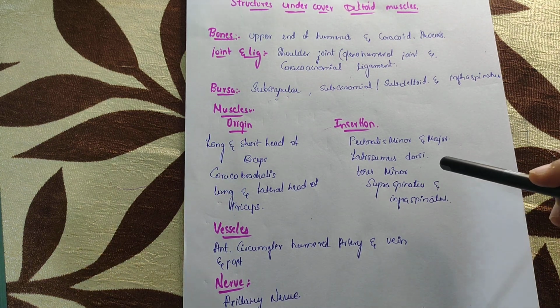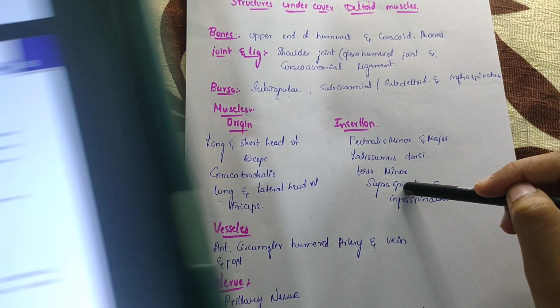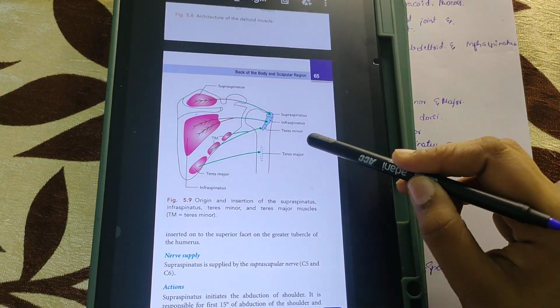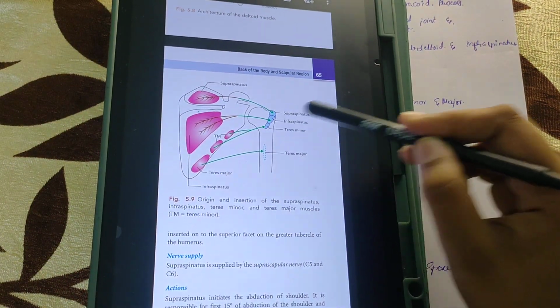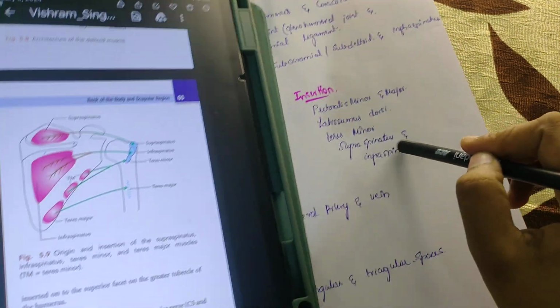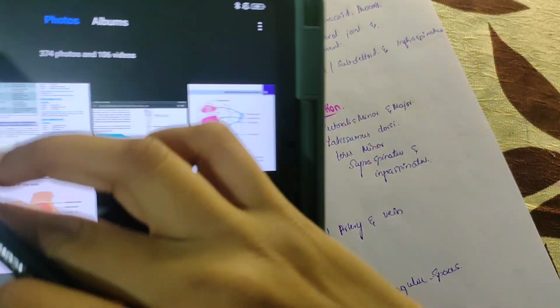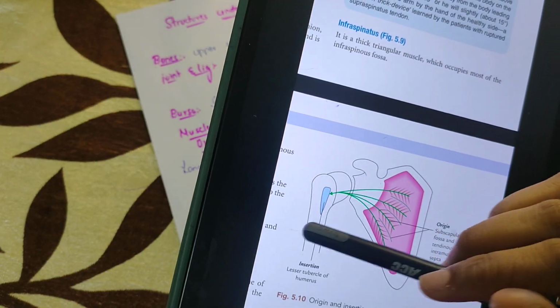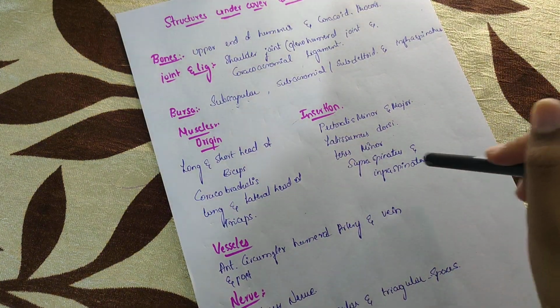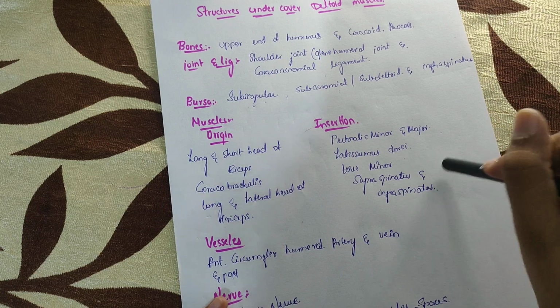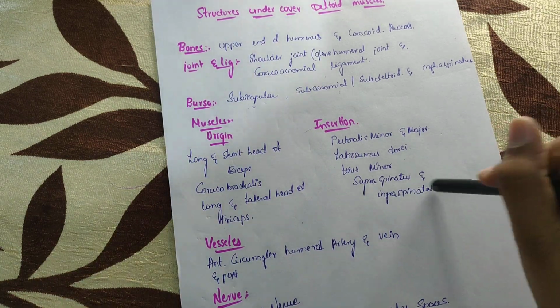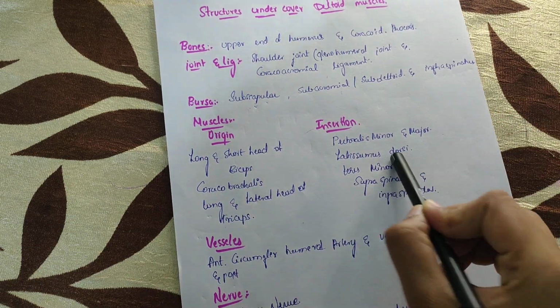You can see in this image it provides insertion for supraspinatus, infraspinatus, teres minor. Here will be the deltoid muscle, and latissimus dorsi in the groove on the anterior aspect, the bicipital groove between the greater tubercle and lesser tubercle. There this latissimus dorsi will be inserted.